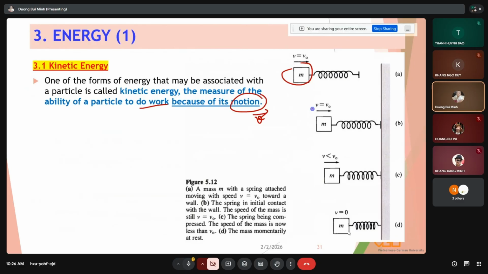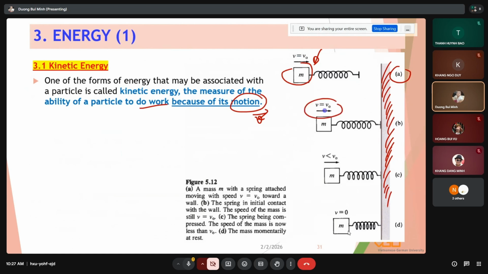So here for case A, this is the wall, and the spring hasn't touched the surface, but we have velocity v equal to v0.